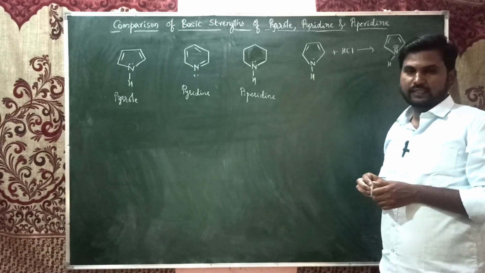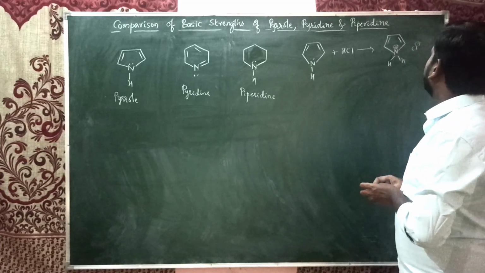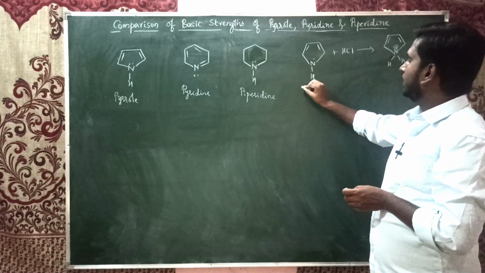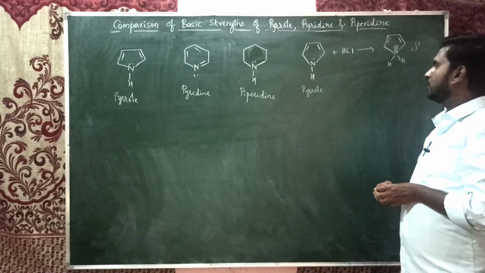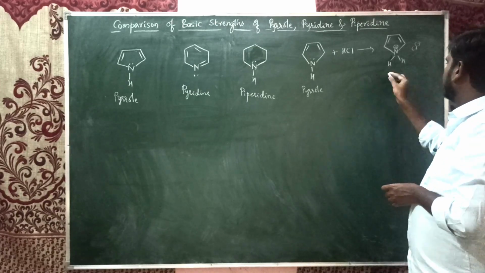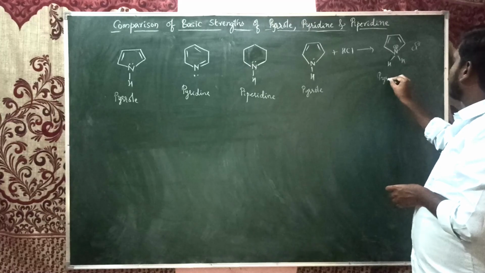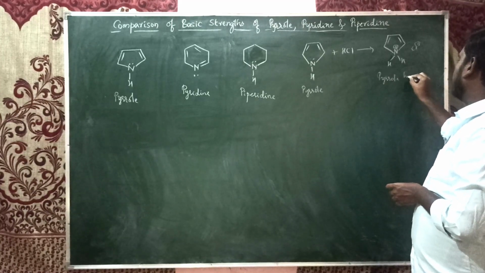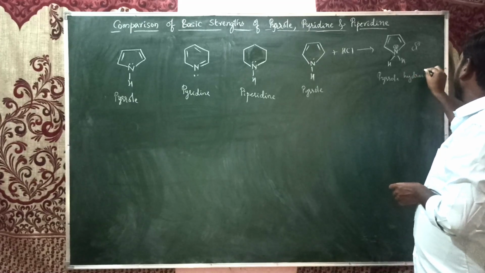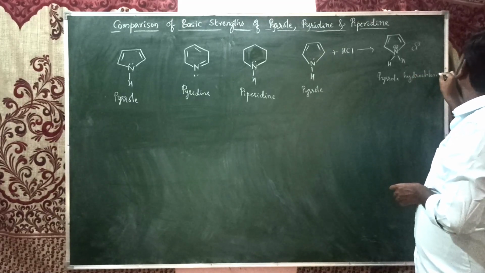When a base and an acid react, they form a salt. So when pyrrole undergoes protonation, it is going to form pyrrole hydrochloride.